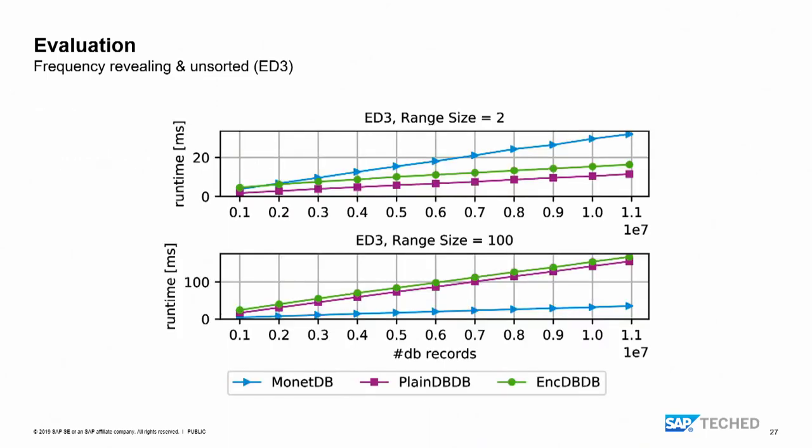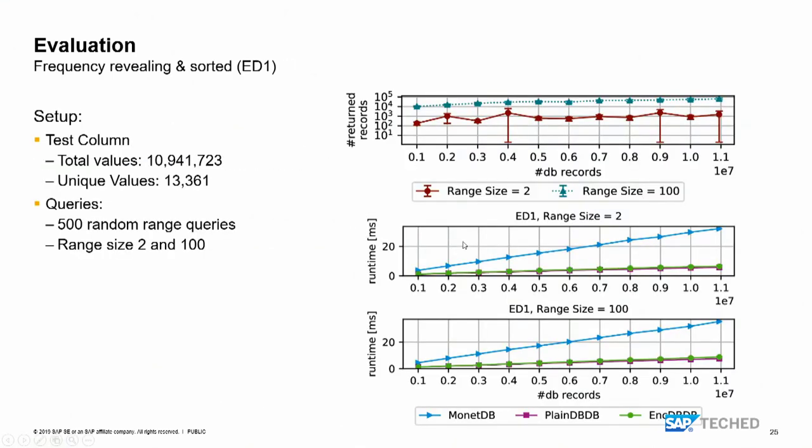Let's look at ED3. And the picture changes here a little bit. And it should be clear from what I explained before about ED3. We have those slower searches: linear dictionary search, and a slower linear search of the attribute vector. Let me go back for a second.